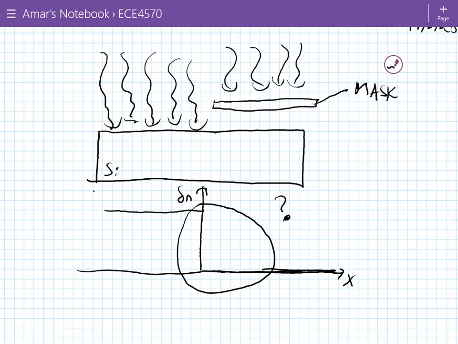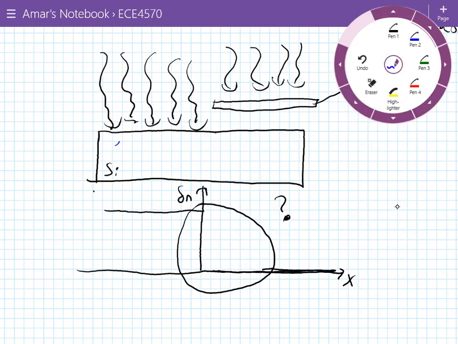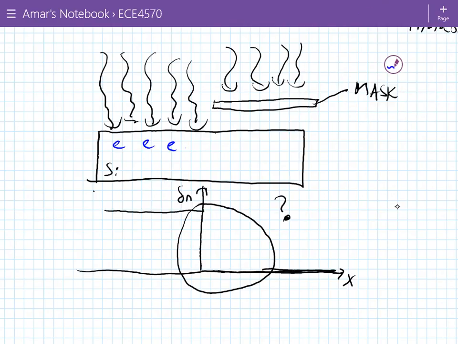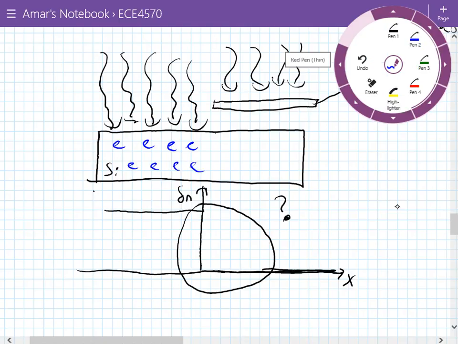We'll get to that in a second, but let's first understand physically what's happening in the material. We've generated a bunch of electrons in this region of the material. We also generate holes. They come in pairs.